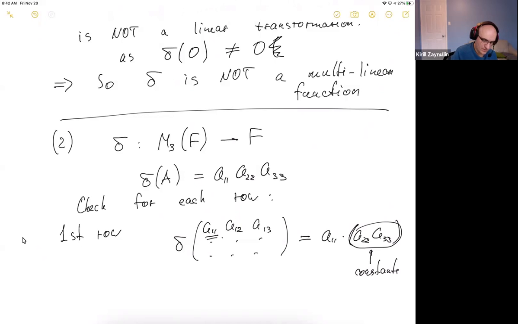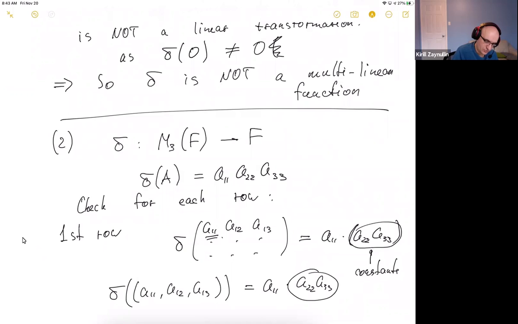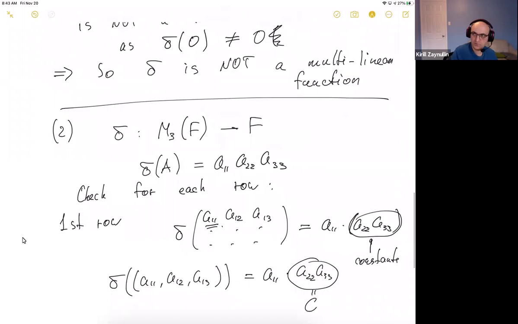Okay, so now basically what does it mean? If you wish, you can think about this delta as defined for this vector. And what it does, it just maps this to the first coordinate times some constant, denoted by C. So it's a constant.